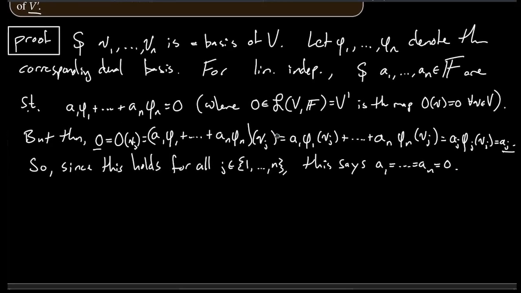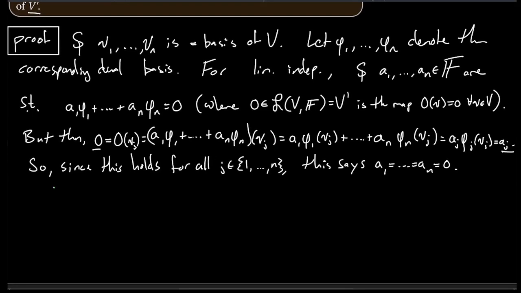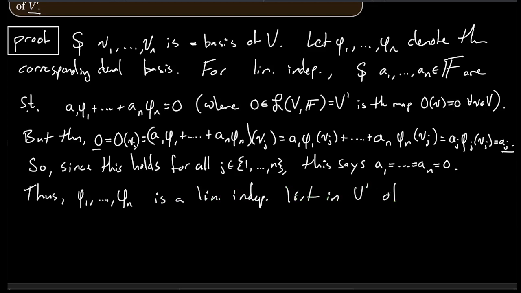Okay, so it's linearly independent. Nice. Thus, phi 1 through phi n is a linearly independent list in V prime of length dim V prime, so it is a basis.